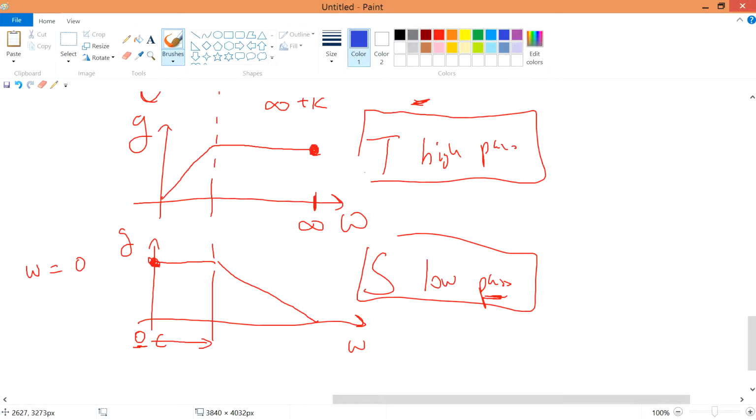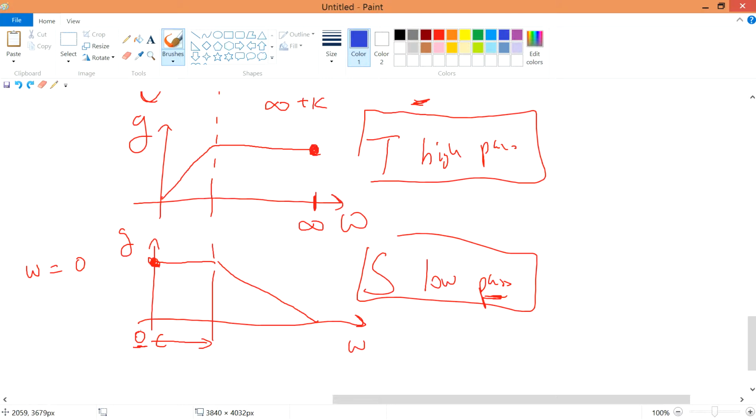Now, let's come back to here. I know that I'll keep jumping here and there, but anyway, we know that T is high pass. When it's high frequency, it allows a gain of 1. That means a full gain.